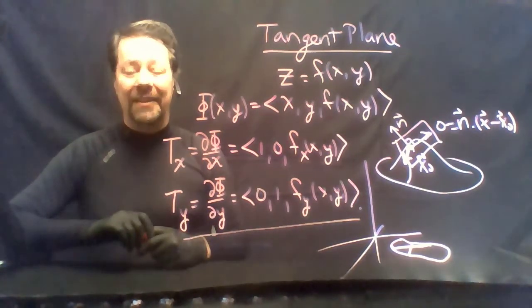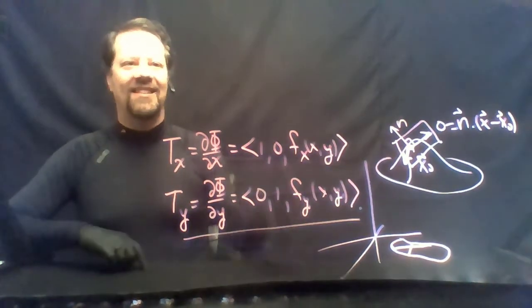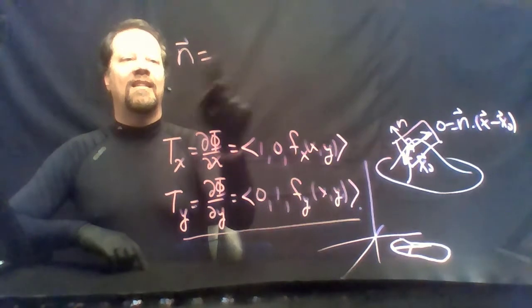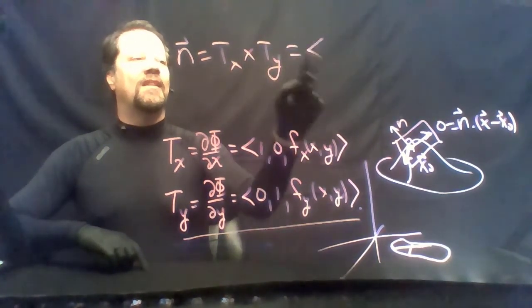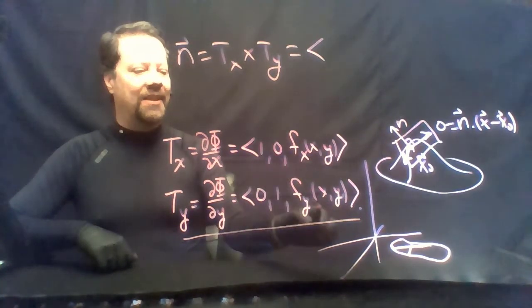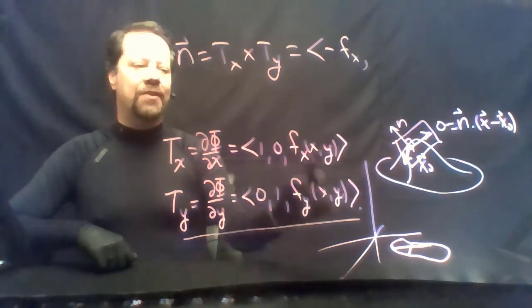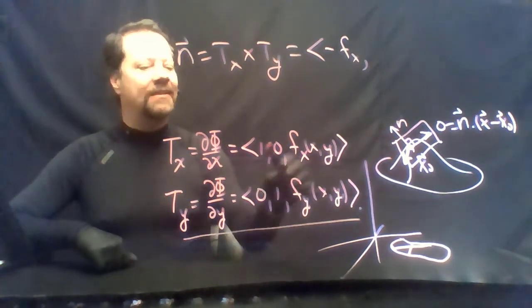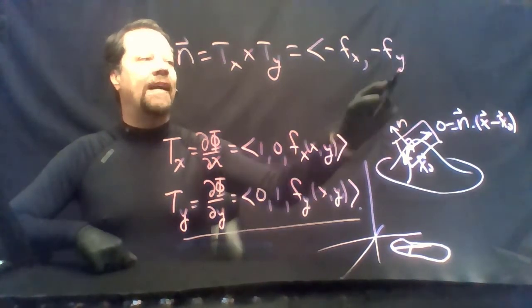To find the normal vector, all we have to do is take the cross product. Since these are nicely stacked, it makes the cross product easy to calculate. We'll get 0 minus fx. I'll suppress the functional dependence on x and y now. I get fy, but don't forget to put a minus on that middle cofactor.